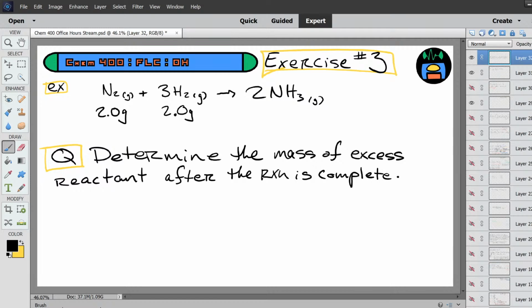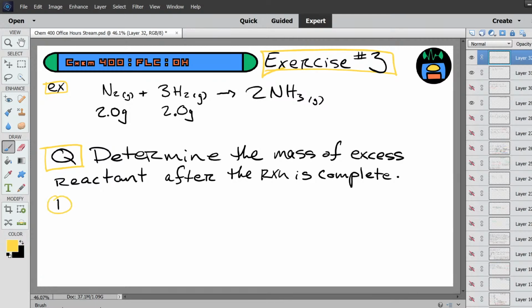All right, so here's the thing. First, this is kind of like a limiting reactant problem in that you need to know what the limiting reactant is, because one of these is the limiting reactant, the other one is the excess reactant. So you're going to need to do that first and foremost.